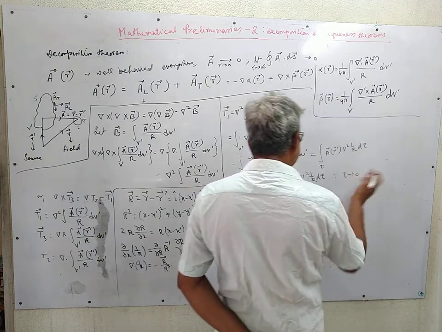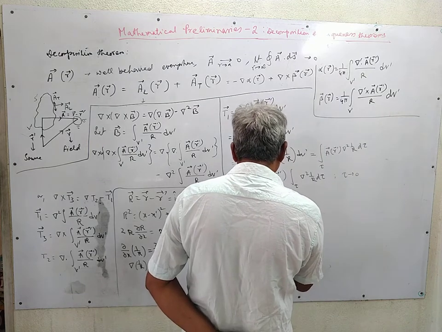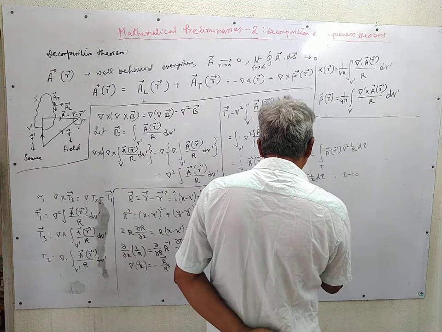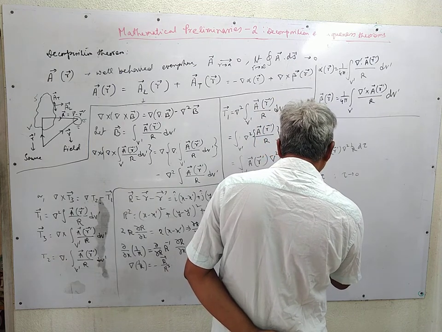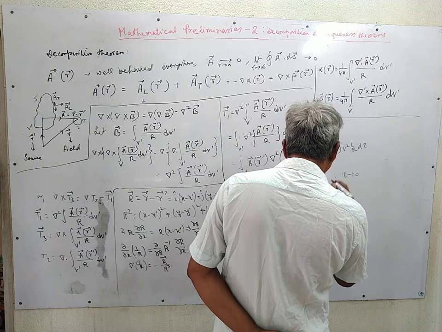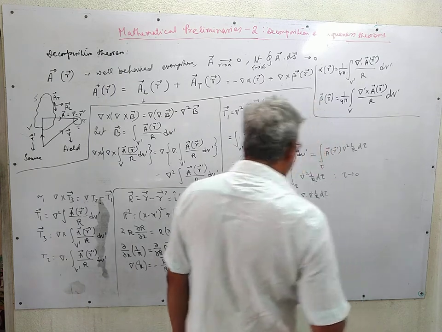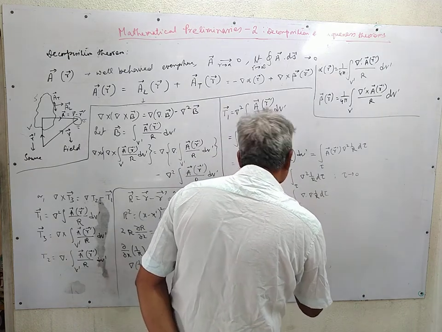It is v prime tending to 0, and we write it as A of r times this volume integration, which is converted into a surface integration.